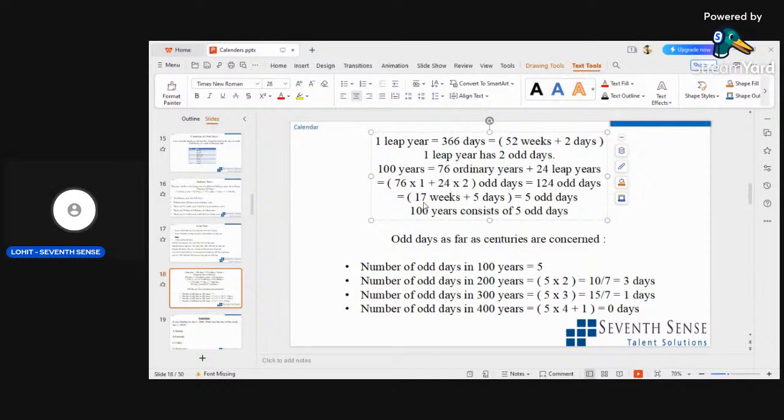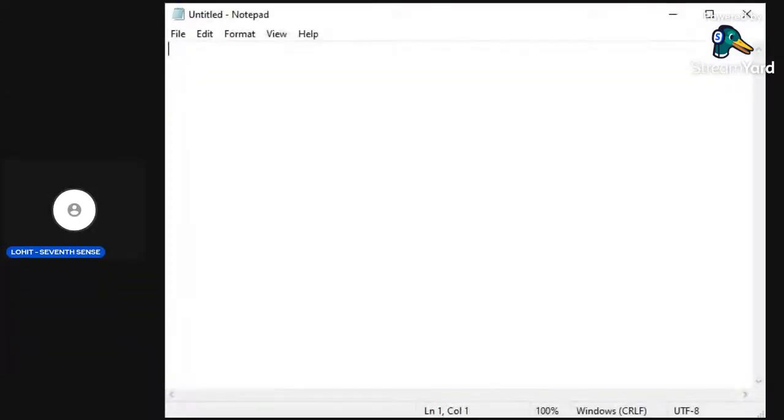The 100th year, I am saying. Suppose I will open up a notepad and write that. I will share the notepad. Wait here. If I share the notepad, you will get to know easily. Suppose the first leap year of the 100 years will be 4, correct.